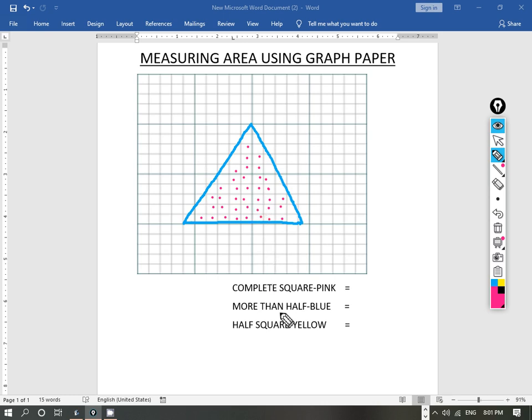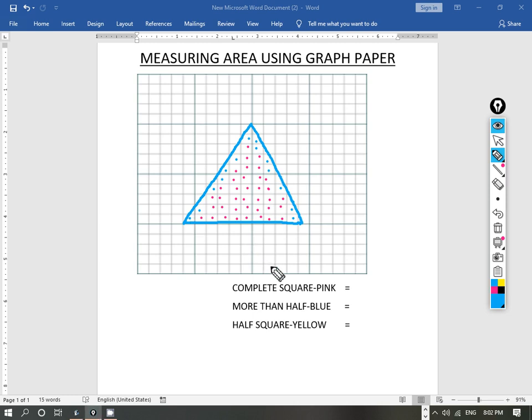Now we are going to select those squares which are covered more than half, and we will mark them with a blue dot. So here we have here, then here, this one, this one, this is also more than half, this also more than half, here more than half, this one, this also, this, and this is also more than half.